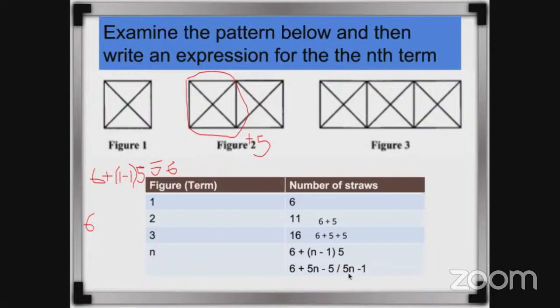Do we get that? Is that okay, or should it be bracketed? Someone is asking how you got 5n plus 1, but there's no 5n plus 1. Isn't it 5n minus 5 rather than 5n minus 1? I'm just asking. Oh, I see, is that an equal sign there?